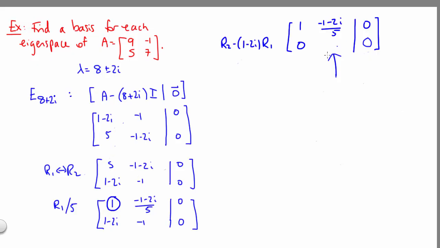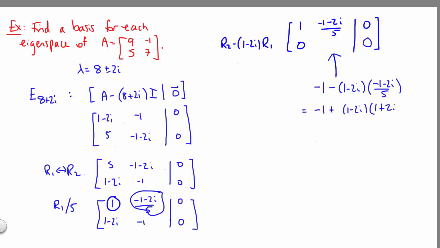So let's work out this entry in the bottom right here. We would have negative 1 minus 1 minus 2i times this entry right here. So minus 1 minus 2i over 5. I think I'll leave the negative 1 out in front, and I'm going to distribute this negative sign through the second bracket because that's going to decrease the number of negative signs that we have to deal with. So I'm going to write plus 1 minus 2i times, now everything in the second bracket is going to become positive.